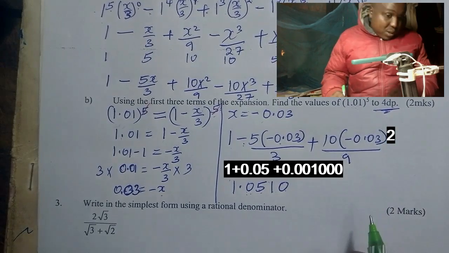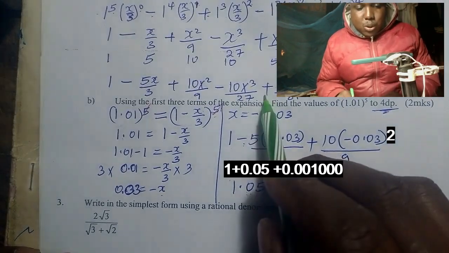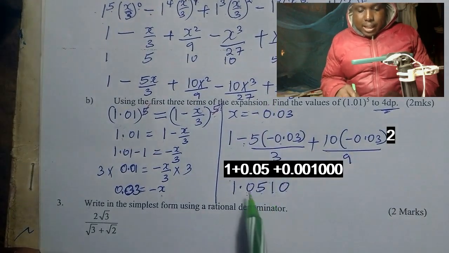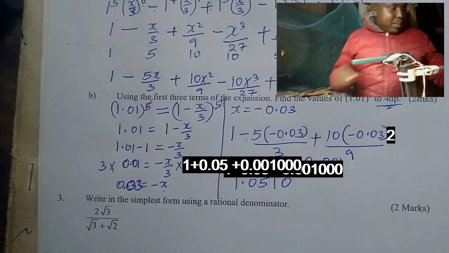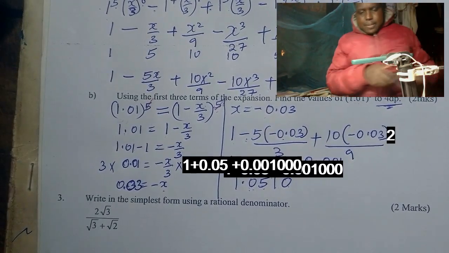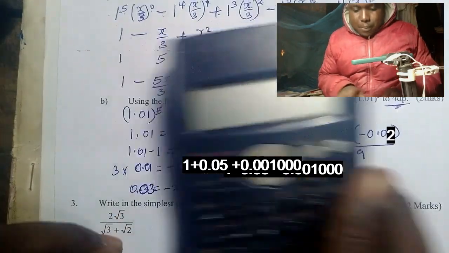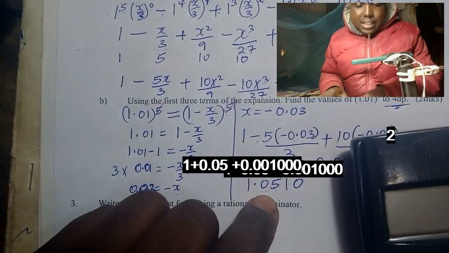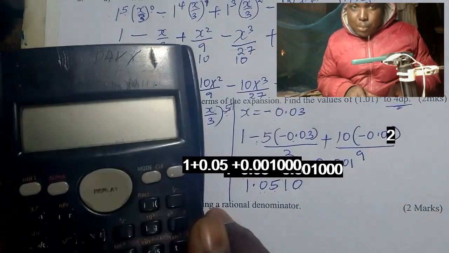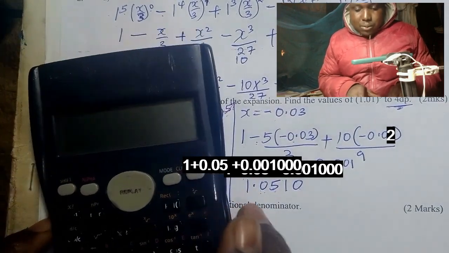After you are finished, you need to check whether your expansion was okay, whether your answer is fine. What do you do? You bring your calculator. Then you confirm that actually 1.01 raised to power 5, the answer is this. You need to confirm and mark yourself before you are marked.